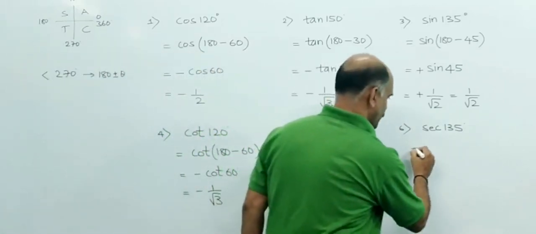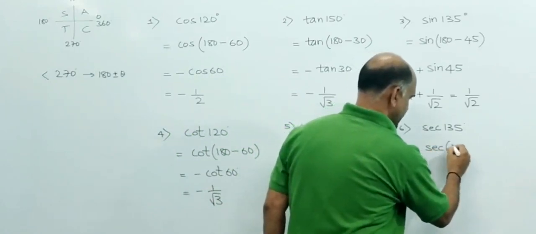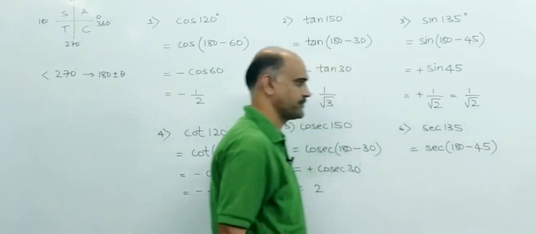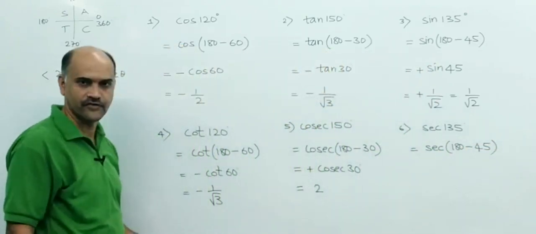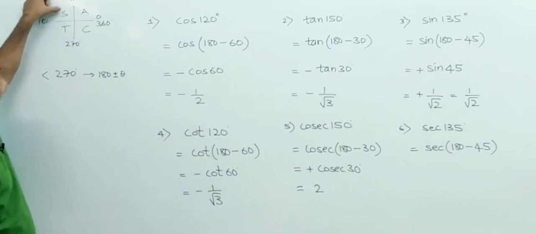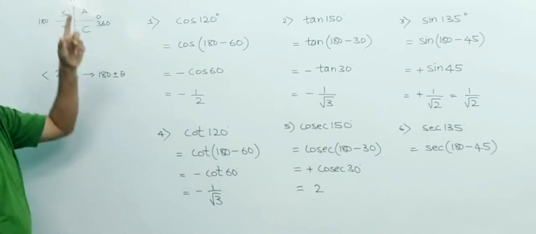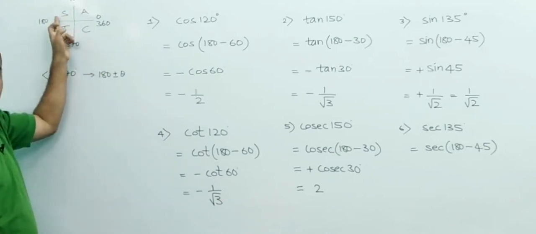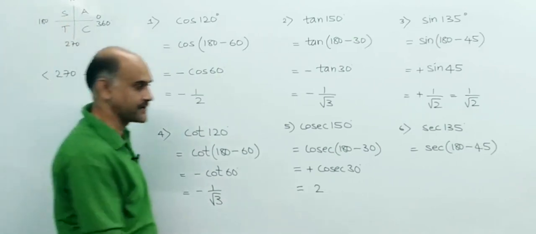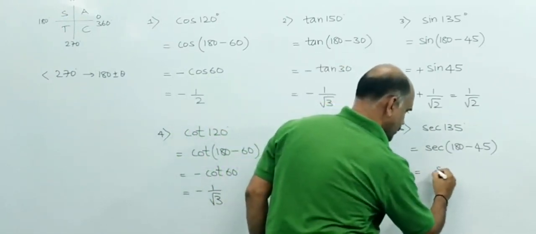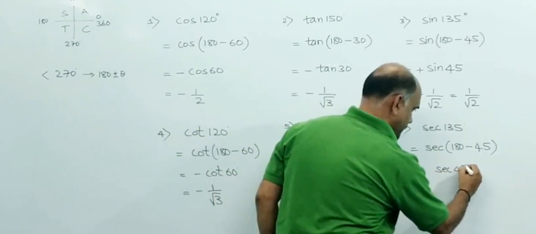So this is equal to secant 180 minus 45. So 180 minus means again it is in second quadrant. In second quadrant secant is negative. Sine and cosec are positive. Secant is negative. Now leave this 180. You will have secant 45.